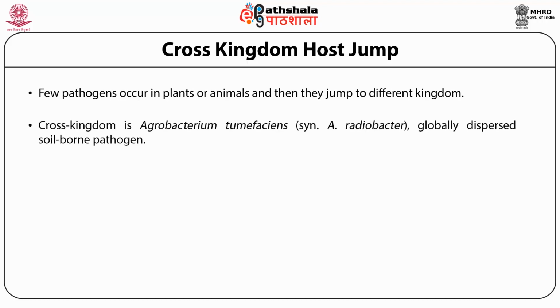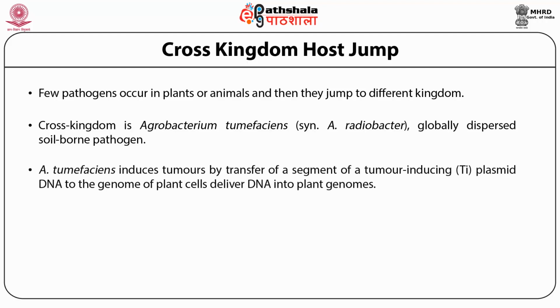Cross kingdom: Agrobacterium tumefaciens is a globally dispersed soil-borne pathogen. It was initially characterized in plants and induces tumor formation. This pathogen induces tumors by transfer of a segment of tumor-inducing plasmid DNA to the genome of plant cells, delivering DNA into the plant genome. This is one kind of pathogen which can induce tumors in plants.